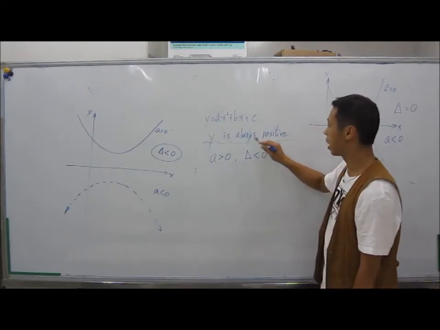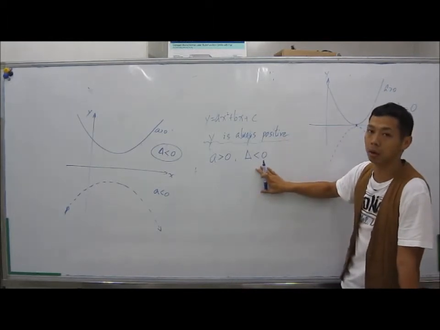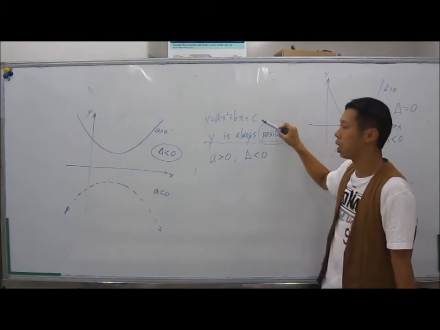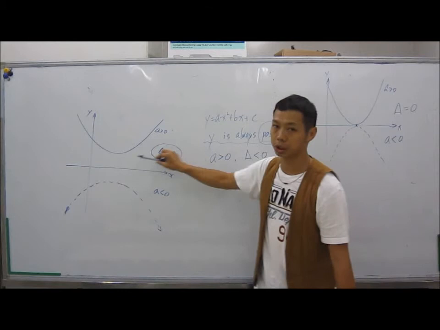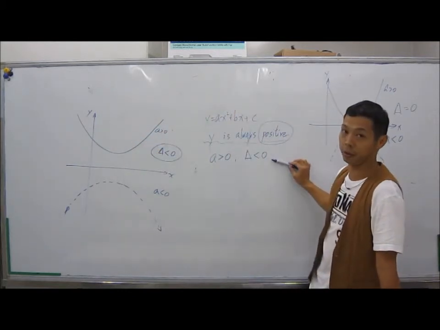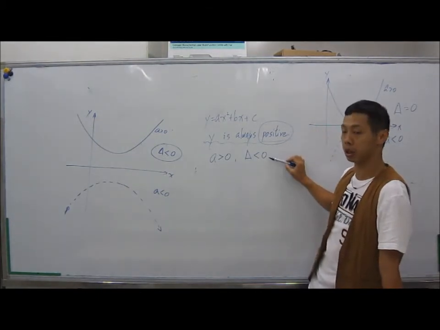Why do we say always positive but delta is smaller than 0? Because always positive means we don't touch the x-axis. For not touching the x-axis, delta must be negative. Don't think that because we say positive, delta is positive.